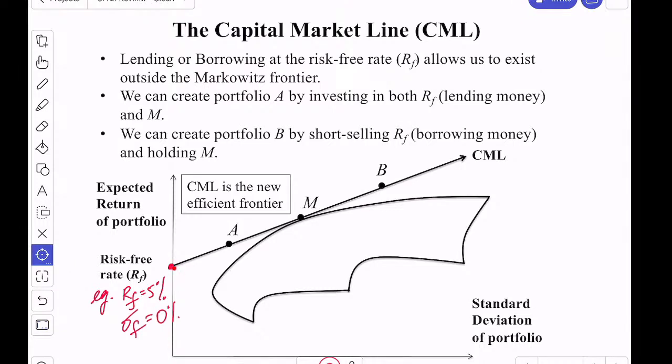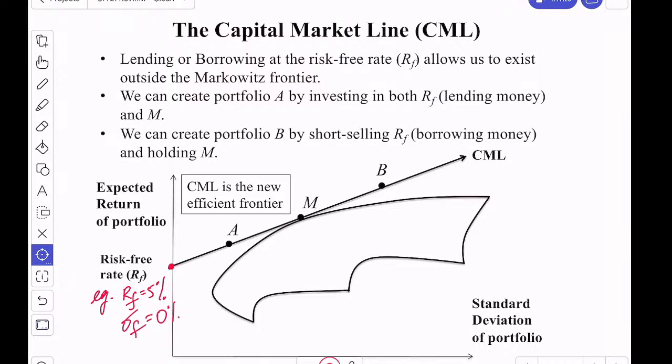So investors will look at investing in the risk-free T-bills and then consider risky securities. And the market portfolio that they're going to choose is the one that's just tangent to this line. This is a linear combination created between the market portfolio that's selected, that's optimal, and the risk-free asset.